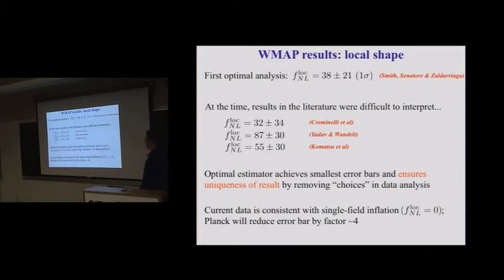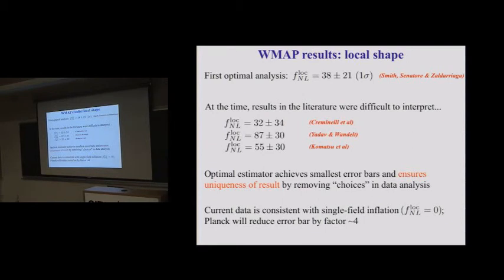But in a situation where you're significantly suboptimal, the analysis always depends on arbitrary choices, and so there's no real criterion for deciding which one of these results is correct. So the optimal estimator has no free parameters and ensures uniqueness of the result. It boils everything down to, in this case, a result that's just shy of 2 sigma.